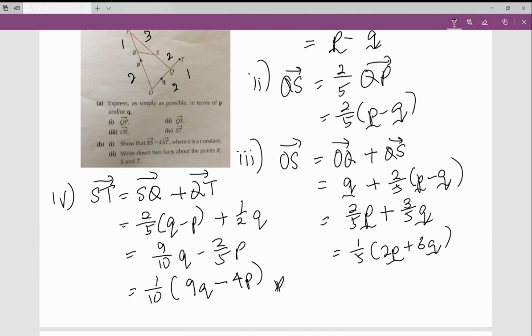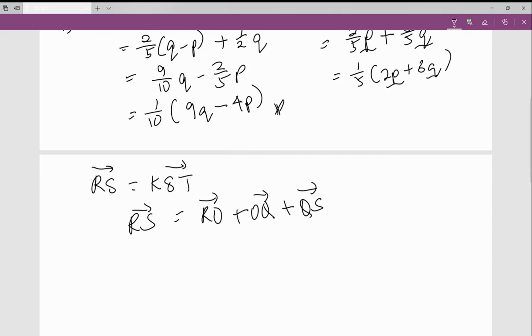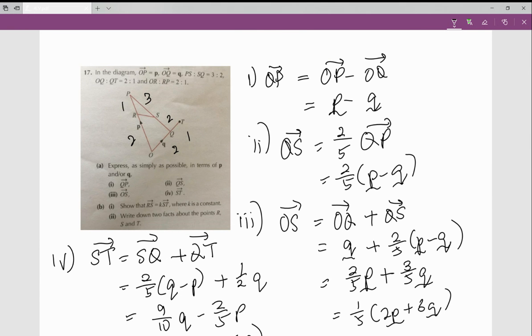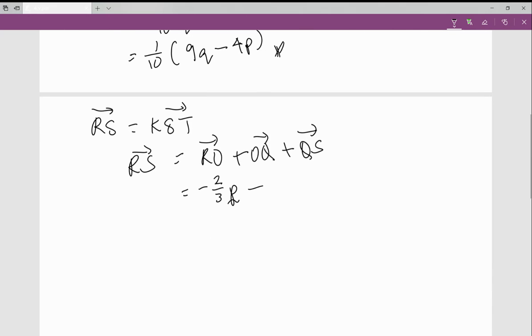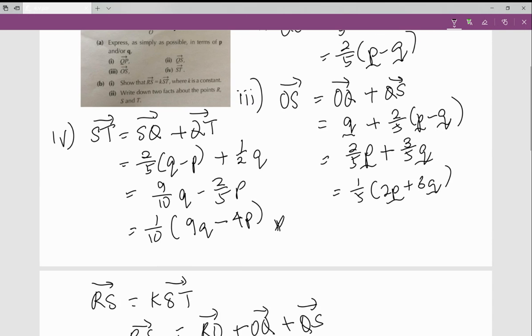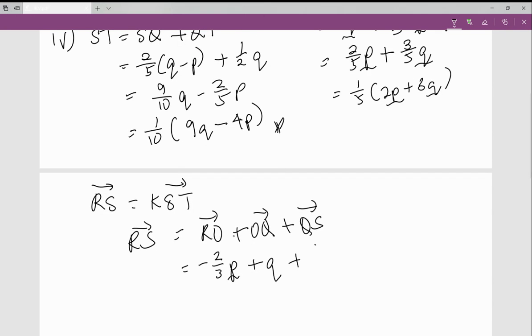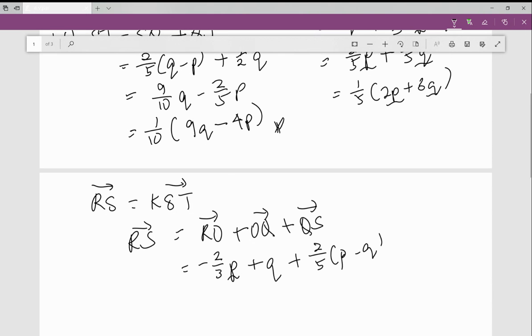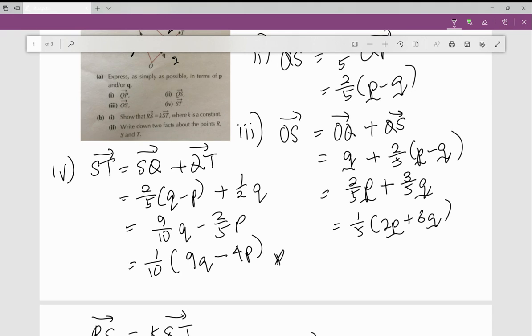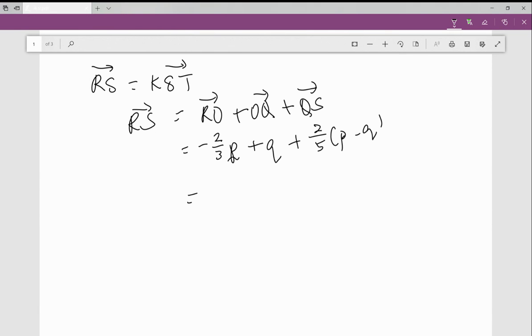RO is minus 2/3 P. Because the ratio is 2 to 1, it's minus 2/3 and in the opposite direction. OQ, we know, is just Q. And QS, as we found before, is 2/5 (P minus Q). Let me simplify this. This is minus 2/3 P plus Q plus 2/5 P minus 2/5 Q. Just use your calculator.